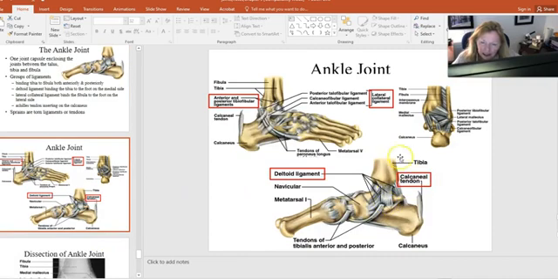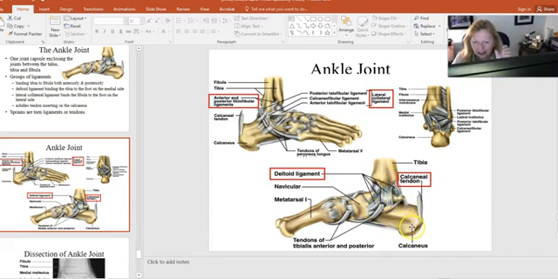Ankles, again, you can see the complexity of the movement that we find at the distal end of the tibia. The talus is the first tarsal bone that the tibia actually articulates with. The calcaneus is a tarsal bone as well. Remember, all the tarsal bones have names, but I only had you know a few of them.